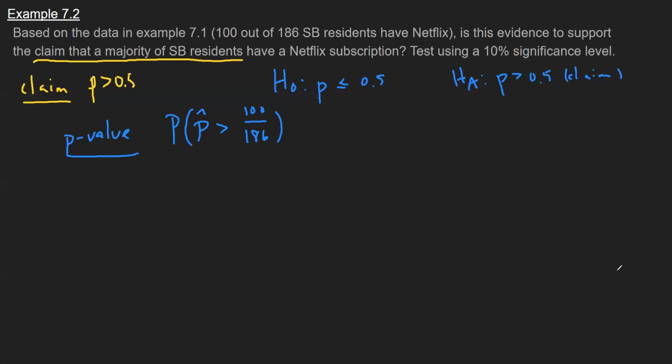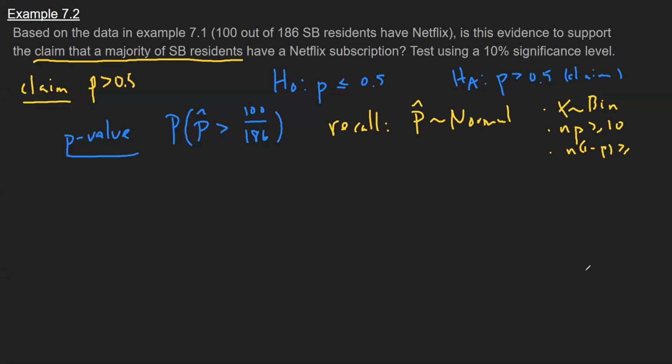And then from unit 5, recall that p hat is normal in certain conditions. Those conditions are that we've got a binomial, we've got n times p is at least 10, and n times 1 minus p is also at least 10.